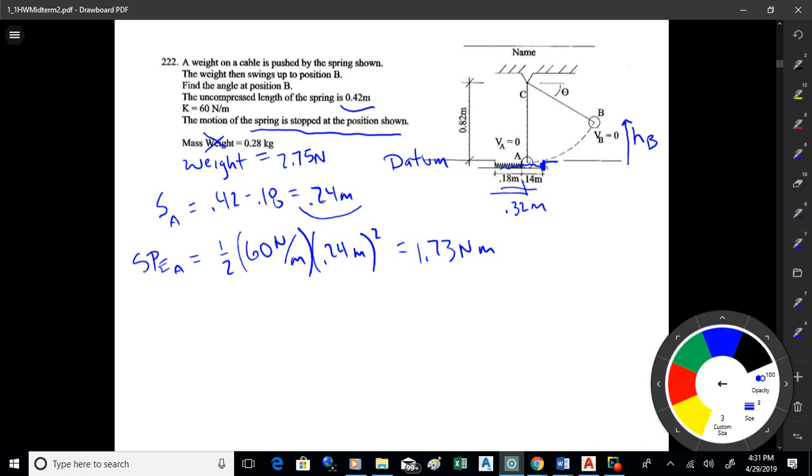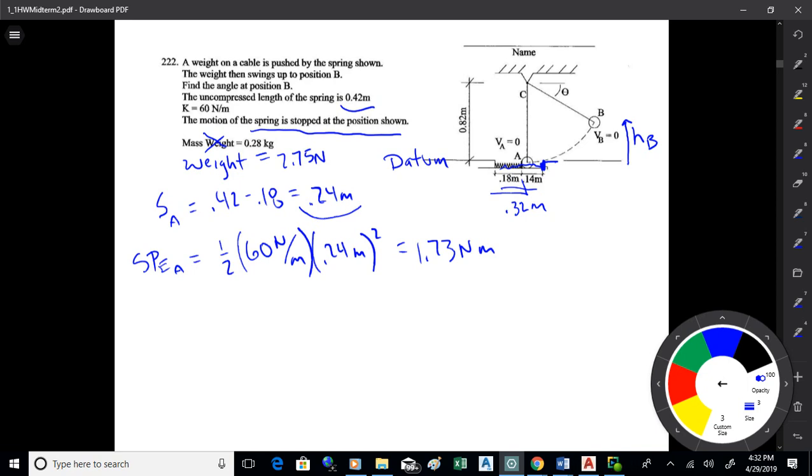Now the thing's at datum, so there's no potential energy there, and it doesn't have any velocity, so the kinetic is 0. So if you look at the initial condition of this thing, that's the energy that you've got in the system. We're considering the system to be the spring and the weight, or the mass, whatever you want to call it. So that's 1.73 Newton meters is what we got.